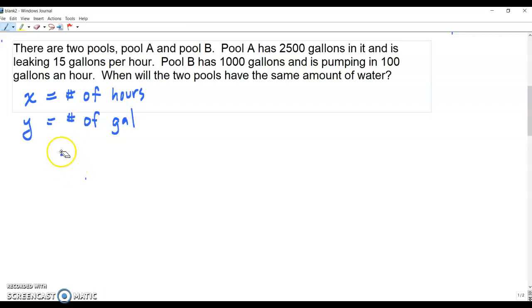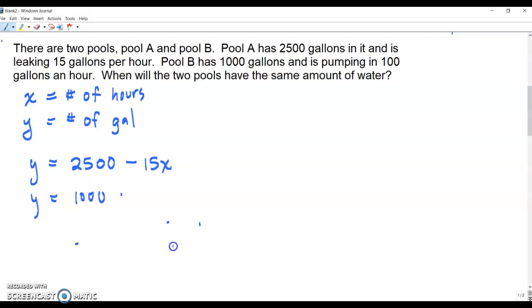And we'll write an equation for Pool A and a separate equation for Pool B. So Pool A has 2,500 gallons, and it's losing 15 gallons per hour. Whereas Pool B only has 1,000, but it's gaining 100 per hour.